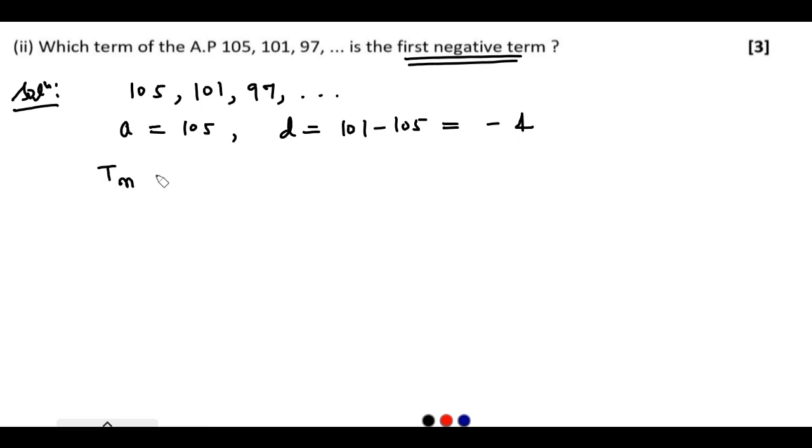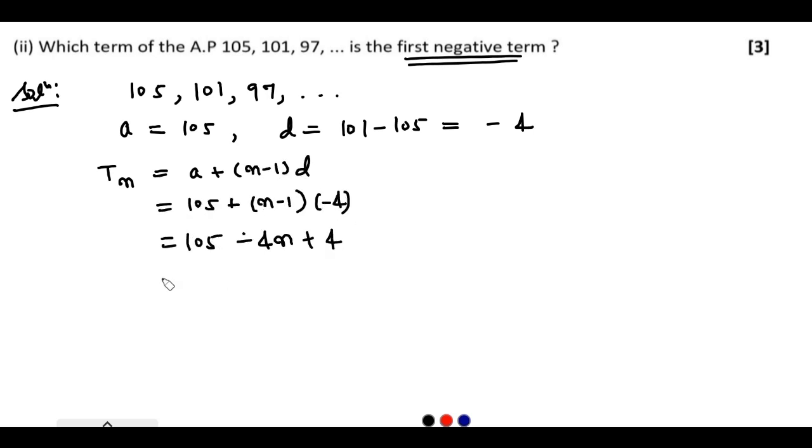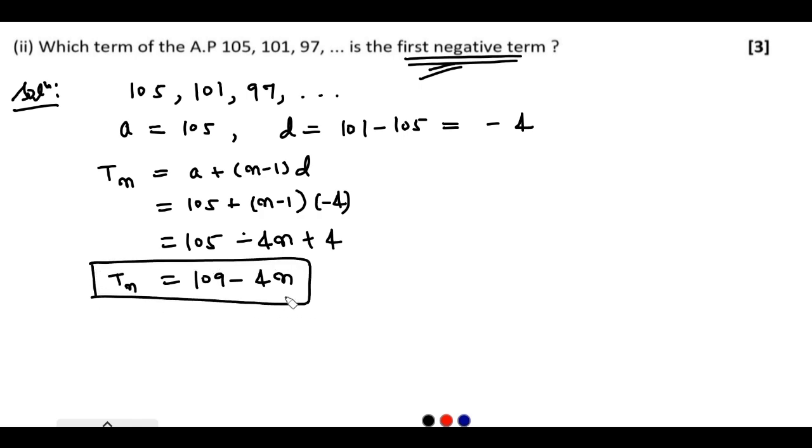The nth term, the general term of this AP, will be a plus (n minus 1) into d. This is its general term. Now our requirement is a negative term. अब देखिए ये term कब negative होगा? When 4n will be greater than 109. अगर subtract करने वाला term इससे बड़ा होगा तो आपको एक negative answer मिलेगा.